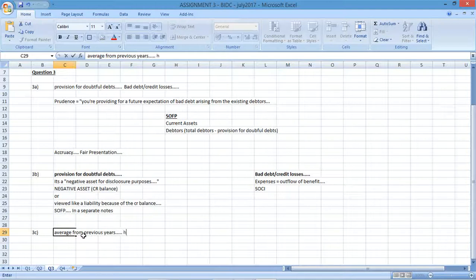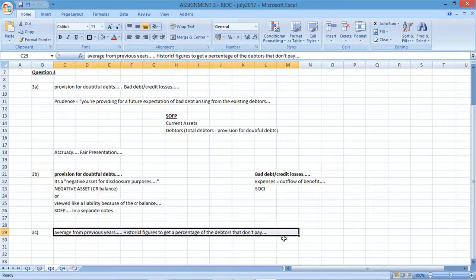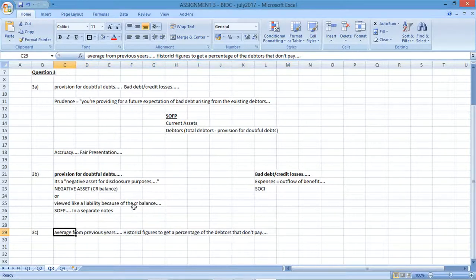Okay, we could look at historical figures to get a percentage of the debtors that don't pay. That would be the most accurate measure, to take historical information and use that as a basis to predict what you think the bad debts are going to be going forward. That's what you could use.